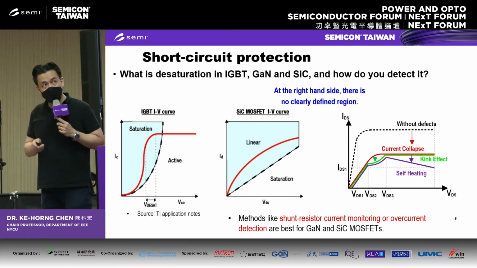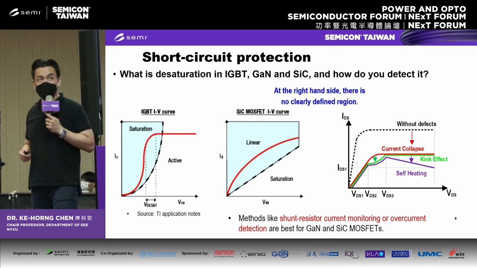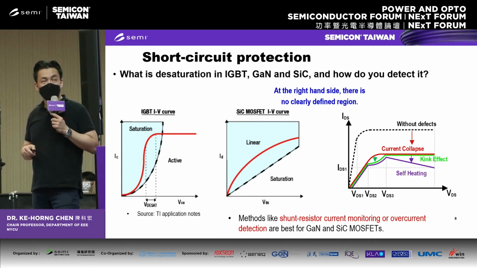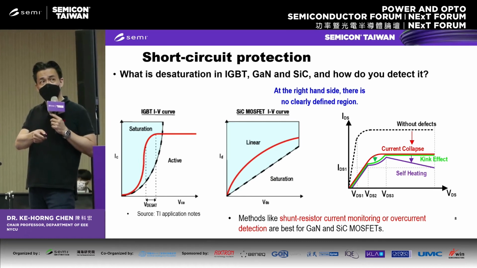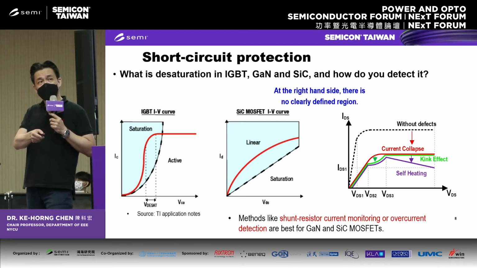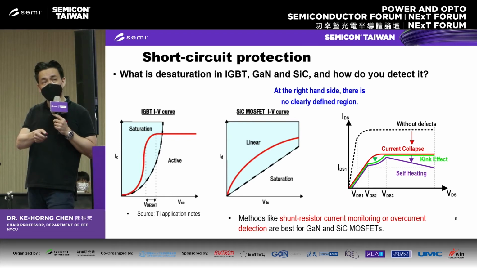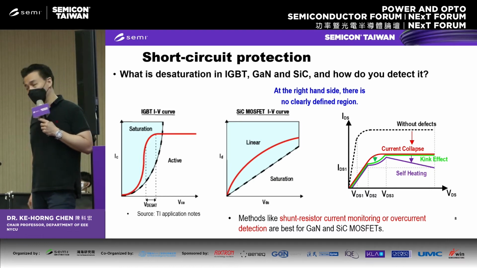Similarly, for the GaN device, you will see the IV curve is deteriorated by three effects. The first one is current collapse. Without defects, you can see the current is at a high level, but if current collapse occurs, the current level will be decreased. The second effect is the kink effect. In other words, it will make this transition smoother, so it is difficult to detect this region.